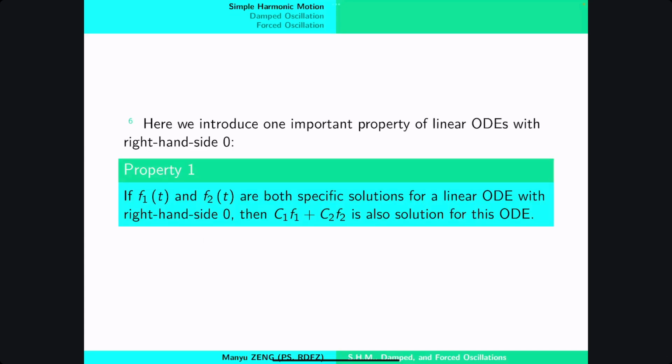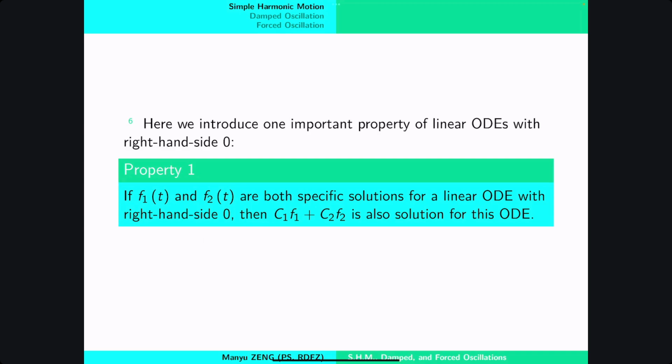So if f1(t), like f is a general expression of x, right? We can understand that as x1 and x2. So if x1 and x2 are both specific solutions for a linear ODE, then c1 x1 plus c2 x2 is also a solution.